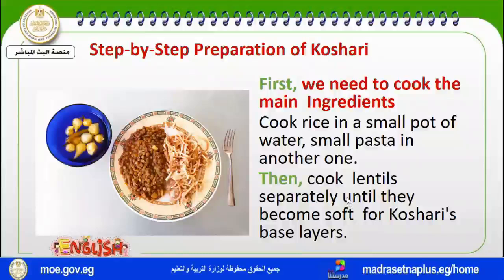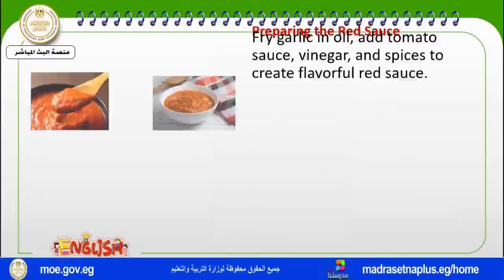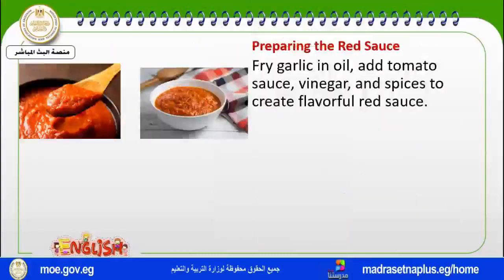At this stage, we have the components ready to make layers of kushari. We have the rice, the pasta, the lentils, and it's time to start the last one, the chickpeas, before the sauce.